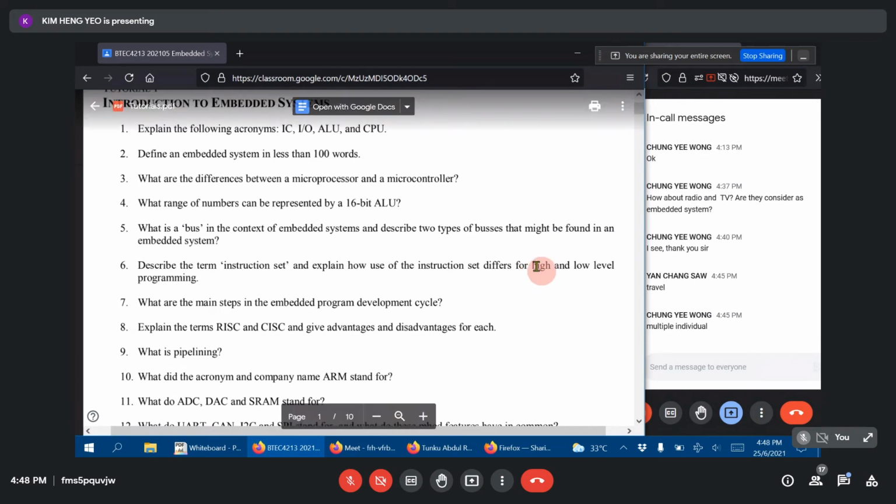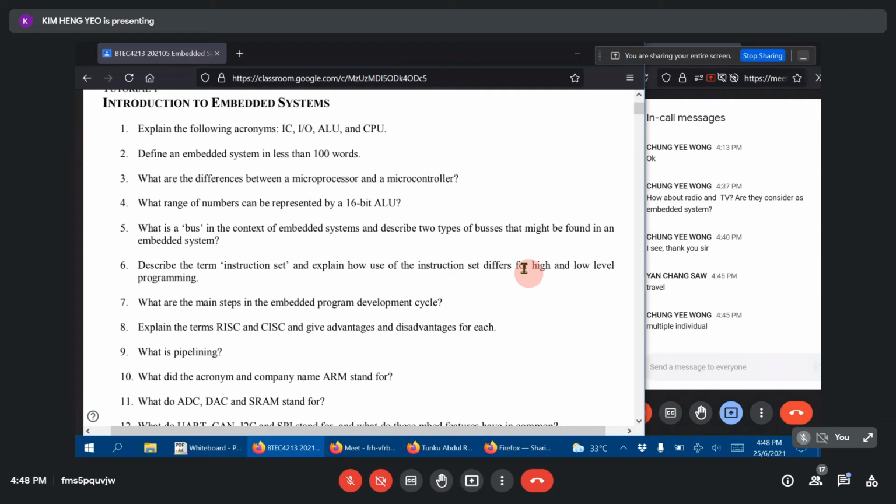When you do high level programming, you use keywords that are like normal English words: if, then, else, for. So your program is easier to read.